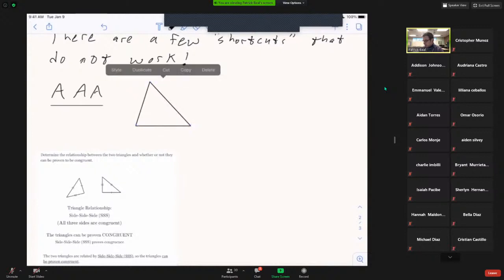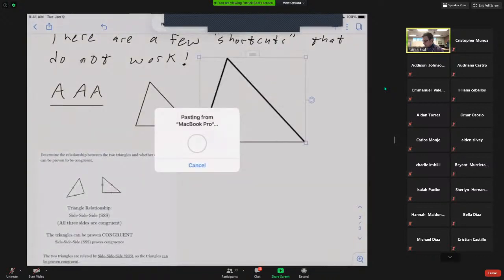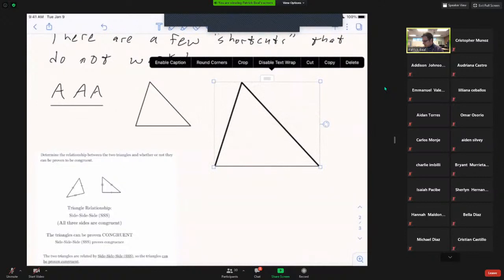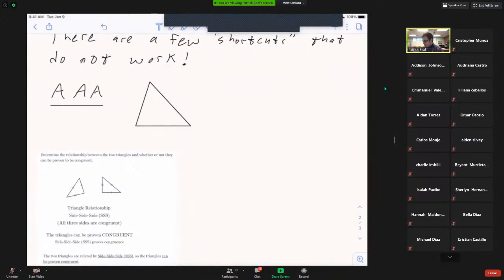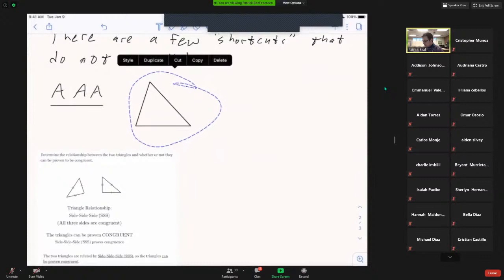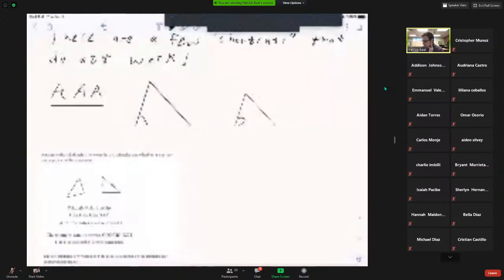If you have 2 triangles, this is where one angle is congruent here, the second one is congruent here, and a third one is congruent here.